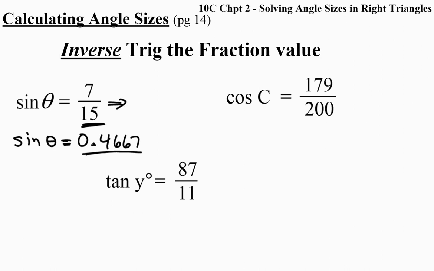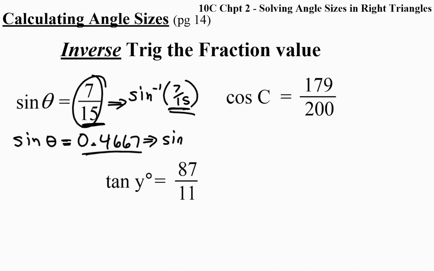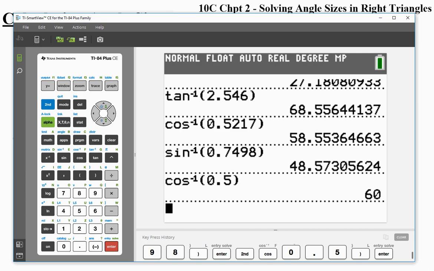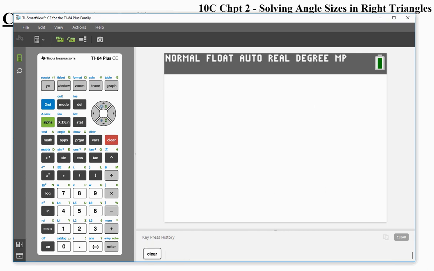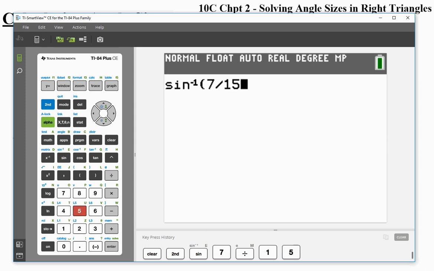So what would we do here? Well, we could do the inverse sine of 7/15 and punch in the fraction as a fraction in the brackets. Or we could convert it to a decimal and do the inverse sine of decimal 4667. Let's check that on our calculator. Second function sine, 7 divided by 15 in the brackets is like the fraction 7/15.